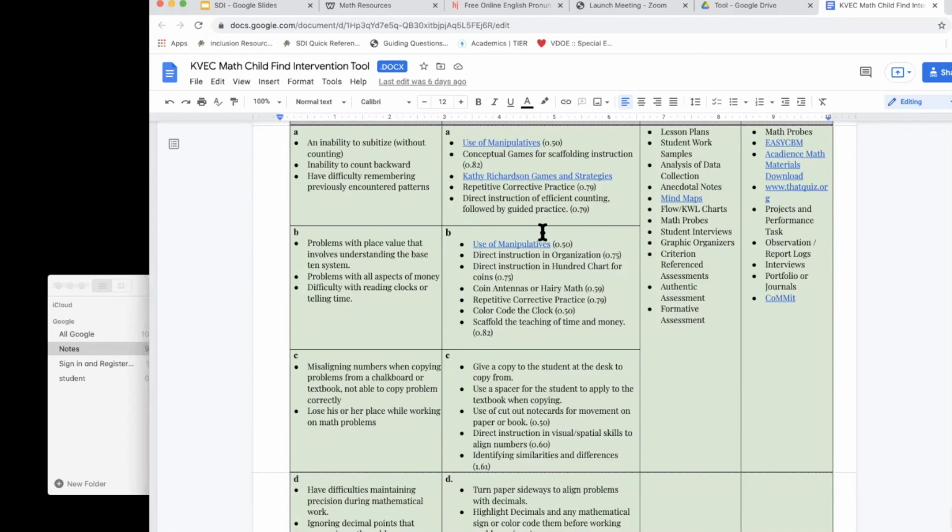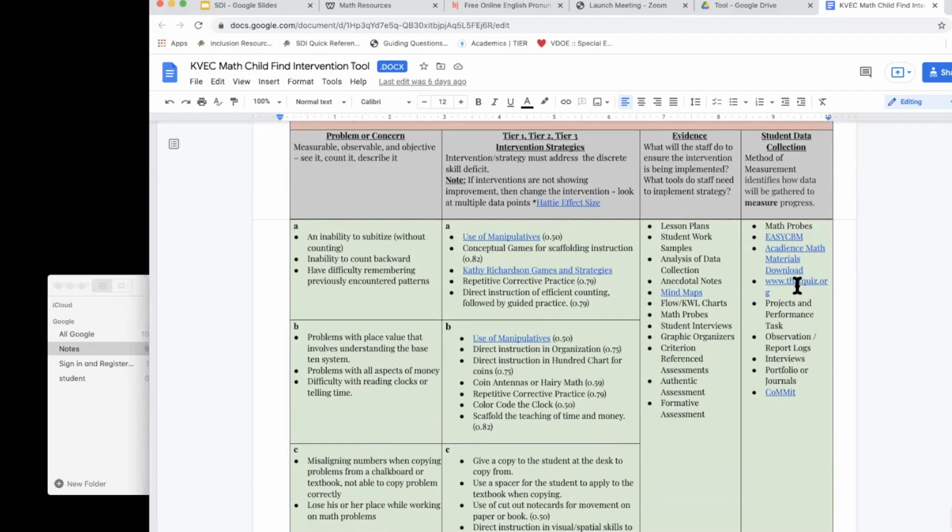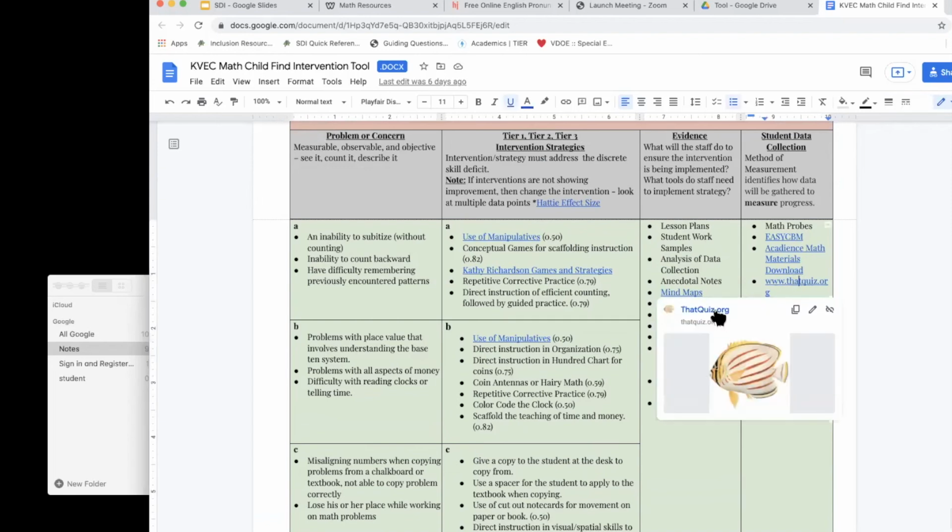And then of course, we're going to look on down here, over here is what's the evidence that says I've done this? These are some evidence things that you can use. And then how do I collect the student data? If you have not been on, well, there's several of them, but thatquiz.org, I'm going to see if I can go to this.